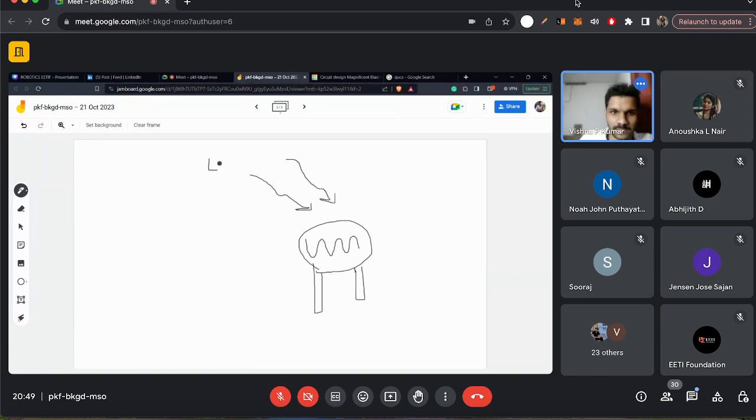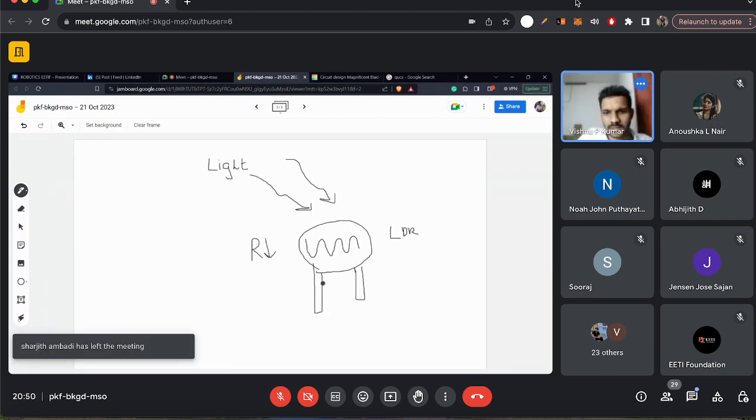Okay, so this is light. Okay, so you're allowing some light to fall on the LDR. So when light falls, the resistance will decrease. Okay, so when you are exposing an LDR to the light, its resistance will reduce.